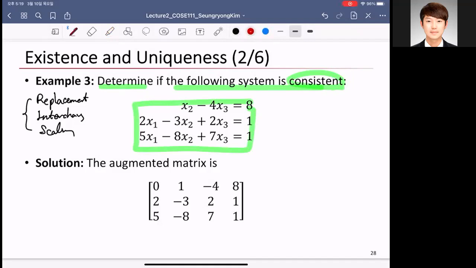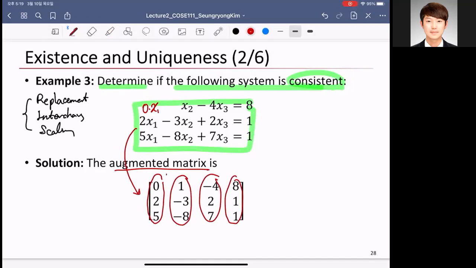Okay. If we represent this linear system in an augmented matrix, it should look like this. Because there is a 0, our augmented matrix is going to be 0, 2, 5, and so on. So our strategy is similar. We want to eliminate terms so that each column has one single term.